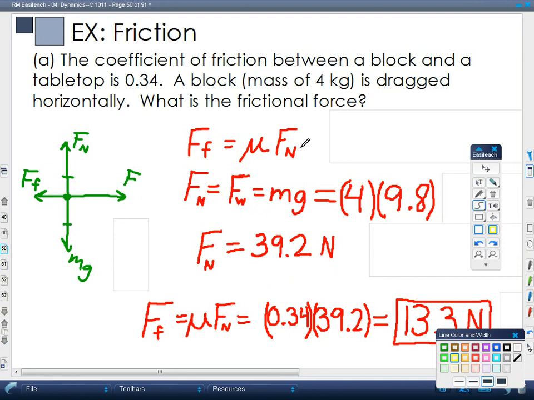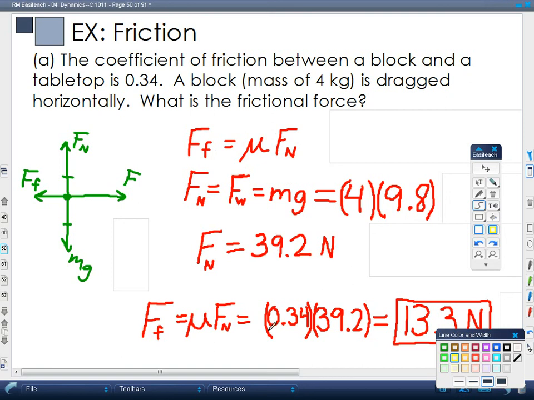You write down the equation. This is the coefficient of friction, which represents the roughness. You multiply that coefficient of friction by the normal force. So the question is, what is the normal force? It's equal to mg in this case. The diagram clearly shows that. So you just do an equation for mg, which is the weight, 39.2.